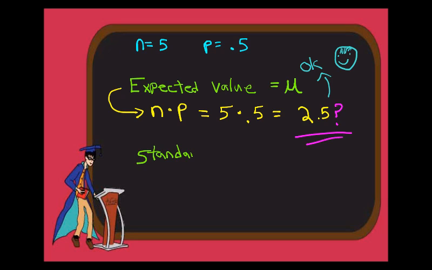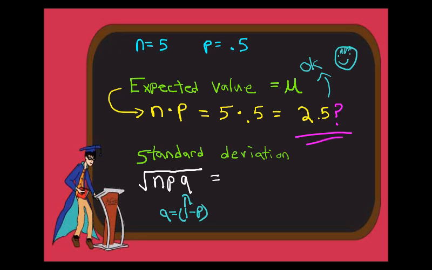So when you're talking about standard deviation, or the standard deviation that you should know from earlier parts of your textbook, when dealing with proportion, the formulas look a little funky. Now, I'm not going to go over the proof and the equality as to why these work out. Just know that this is a formula for standard deviation, where Q is going to be the failure rate. So 5 times 0.5 times 0.5, put that under the square root.